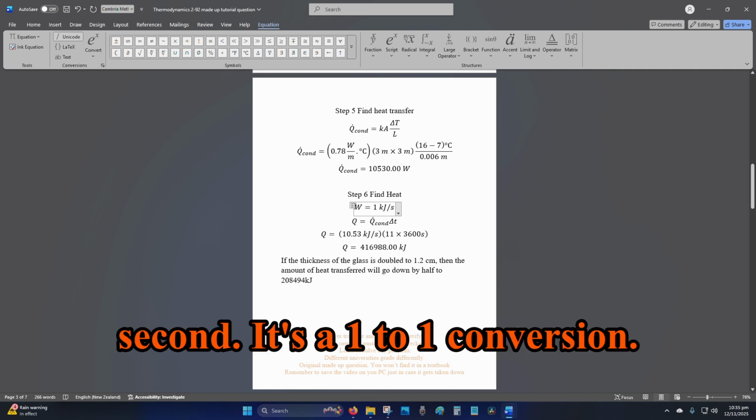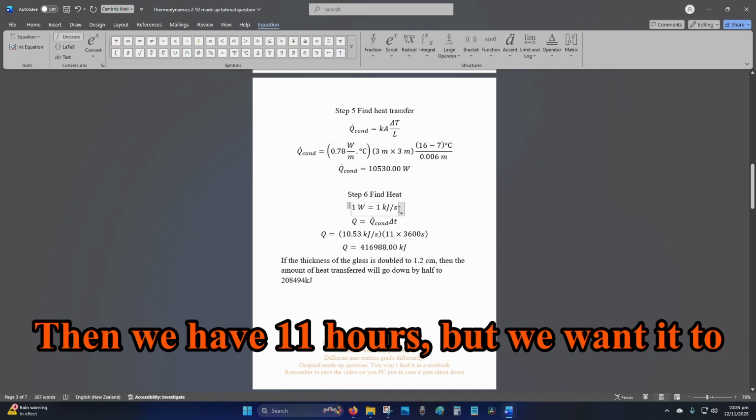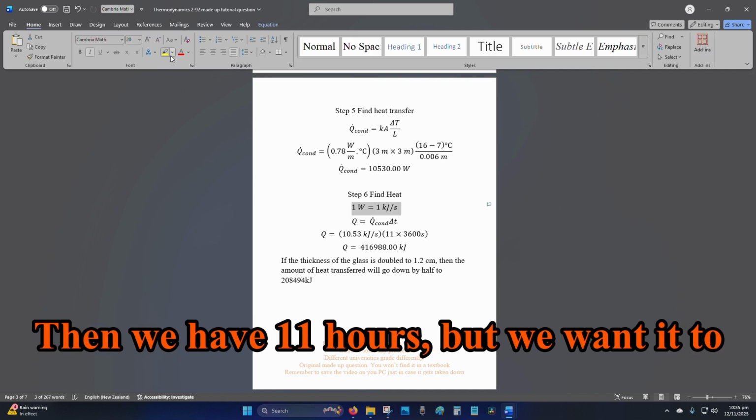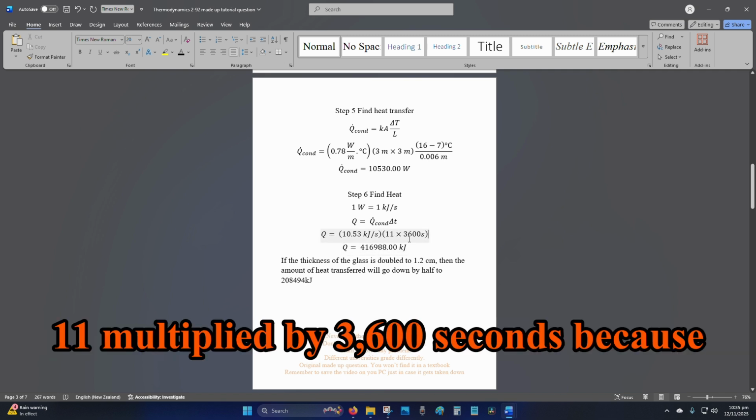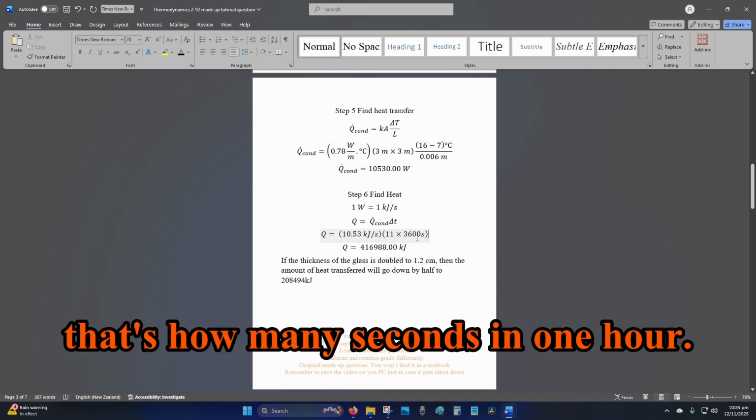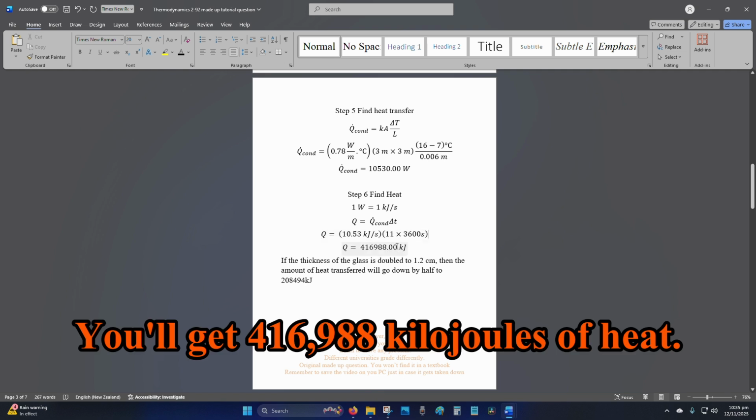So it's a 1-to-1 conversion. And then we have 11 hours, but we want it to be in seconds, so we can cancel out the second unit. So 11 multiplied by 3,600 seconds, because that's how many seconds in 1 hour. So you'll get 416,988 kilojoules of heat.